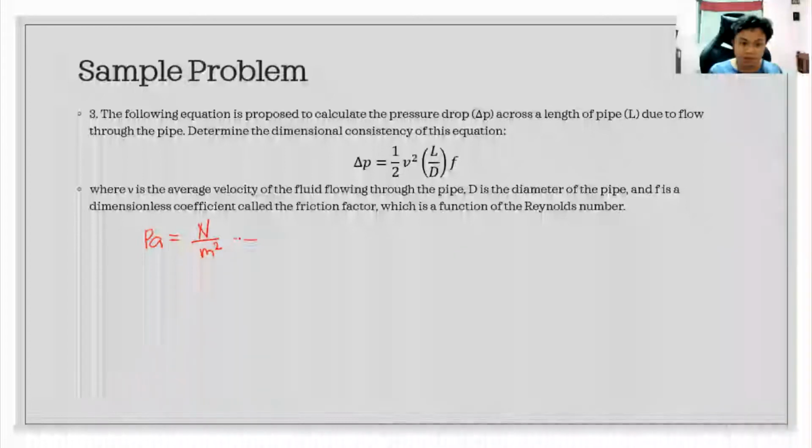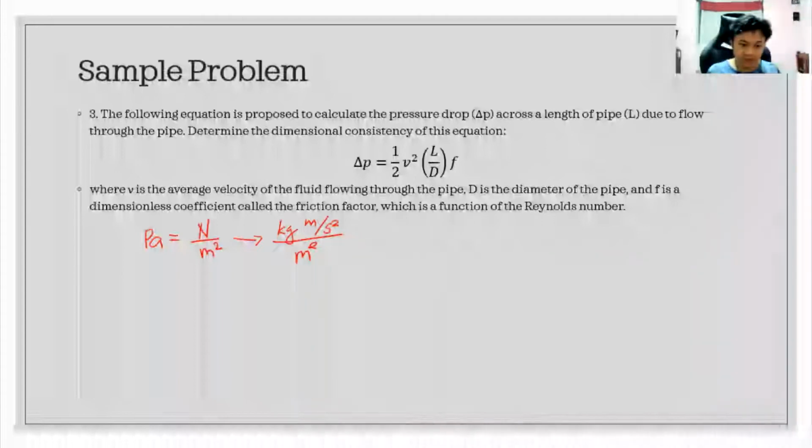And if you break these further, we know that newton is equal to kilogram multiplied by the acceleration. So your mass times the acceleration is equal to force. F equals ma. That's N, Newton. And then you copy the value in the denominator, which is m squared.